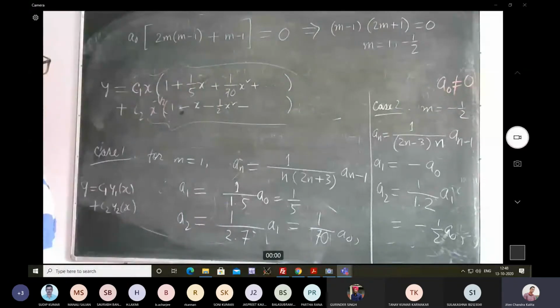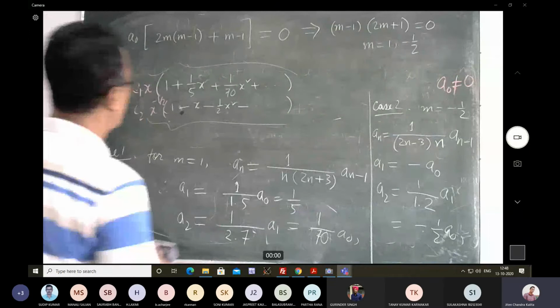what's happening if you look at the equation corresponding to a naught, the equation at the top here. So what was happening here?